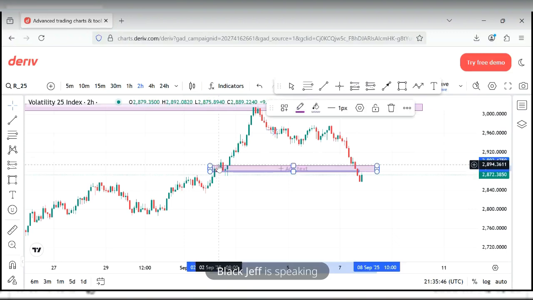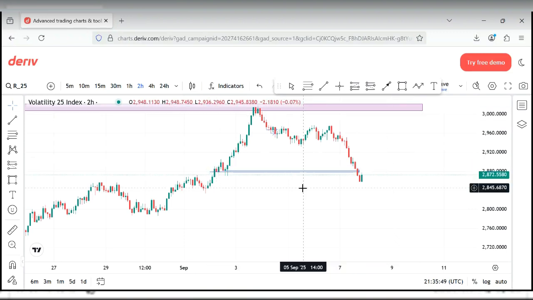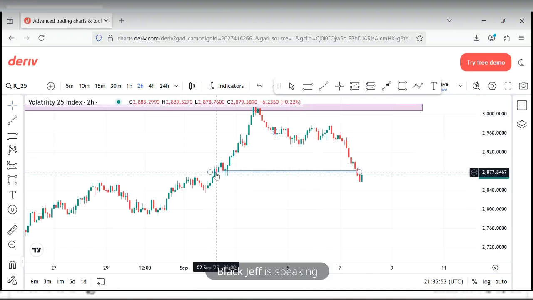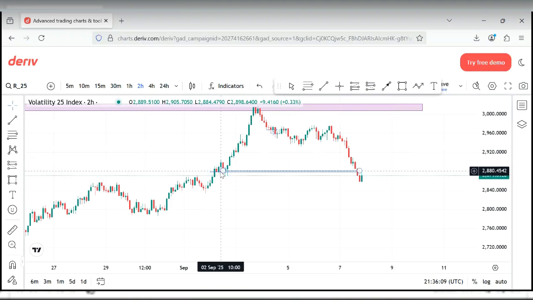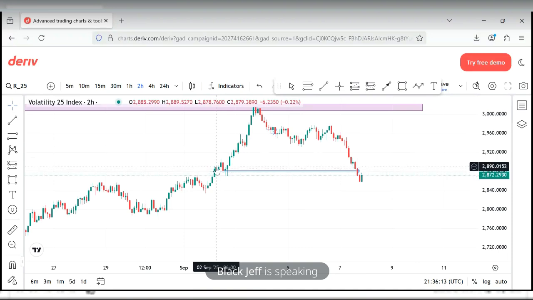Let me delete this. This is the recent key level here, right? I will mark it as my recent key level. I'll first mark this key level on the H2 time frame.